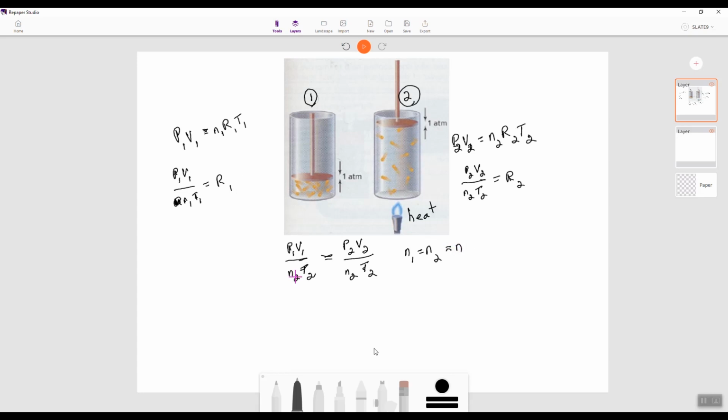Sorry, I made all kinds of mistakes over here on my subscripts. That should be N1. And that should be T1.